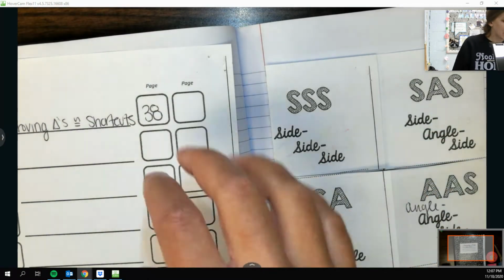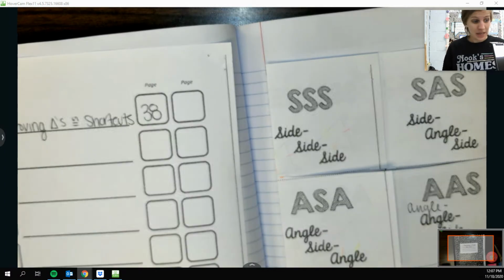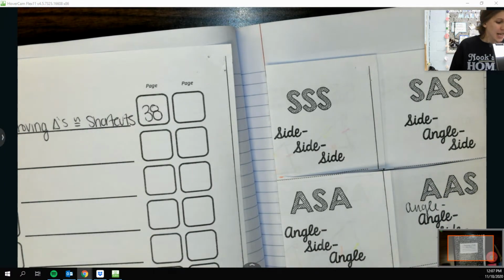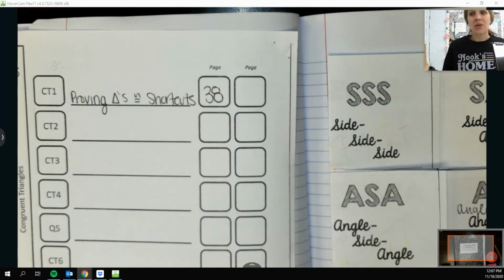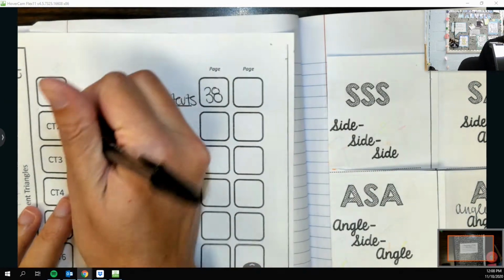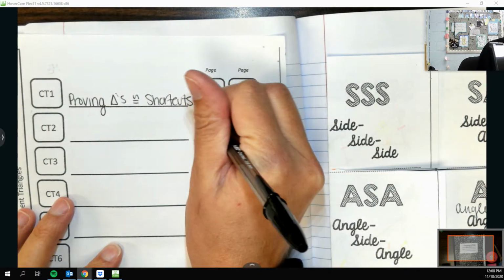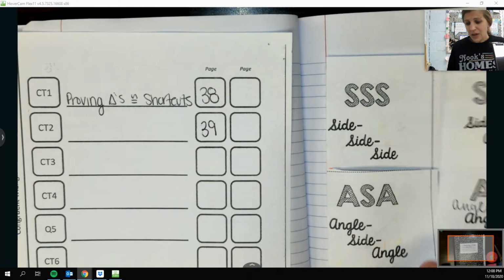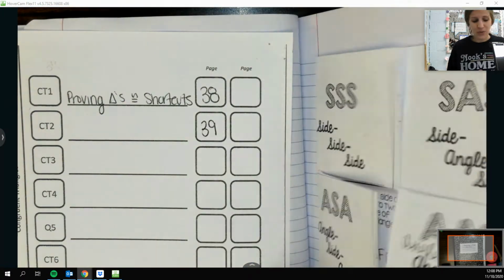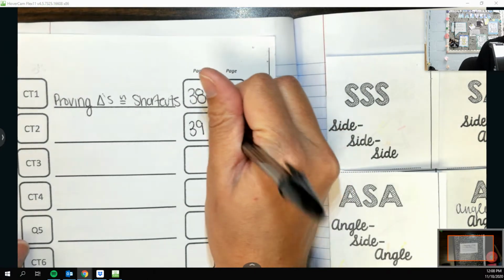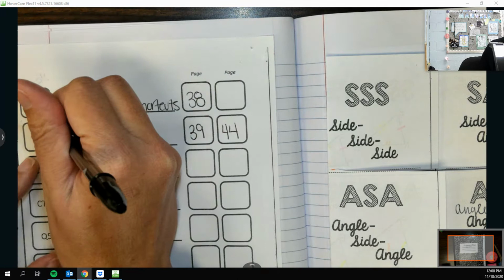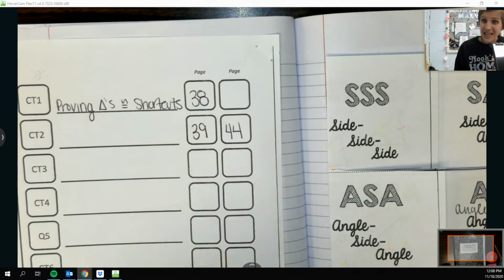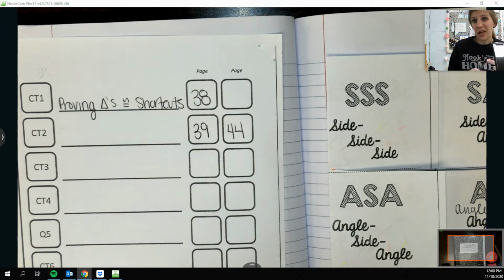Okay, so we're going to add to our notebook, and you may already have some of this because maybe we did it in class together. So I'm going to timestamp this for you guys in the assignment so that you can jump ahead if you need to. So starting on page 39, really through page 44, we're going to be talking about proof hints and like a flowchart proof.